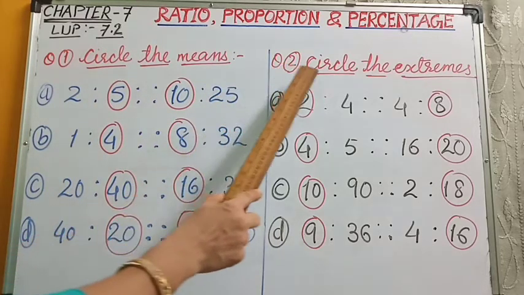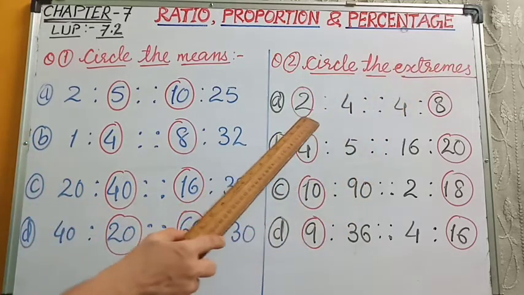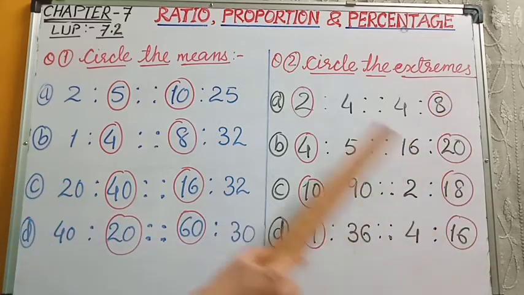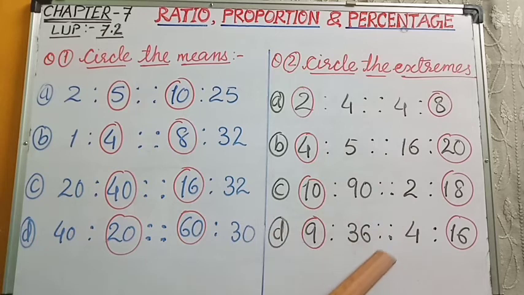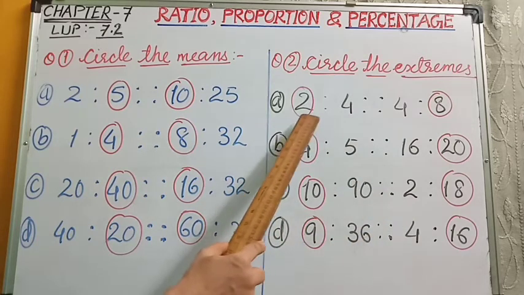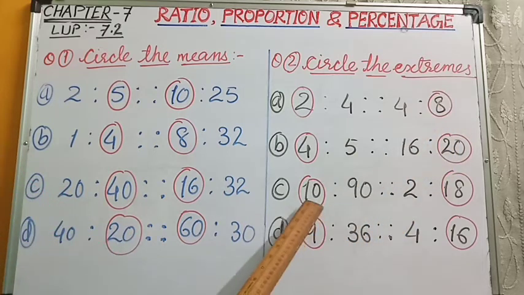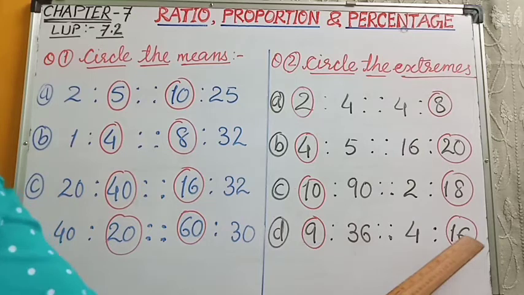In the second question we have to circle the extremes. So here we have to circle the first terms and fourth terms because these are extremes, and second and third terms are means. So here 2 and 8 are extremes, 4 and 20 are extremes, 10 and 18 are extremes, and 9 and 16 are extremes.